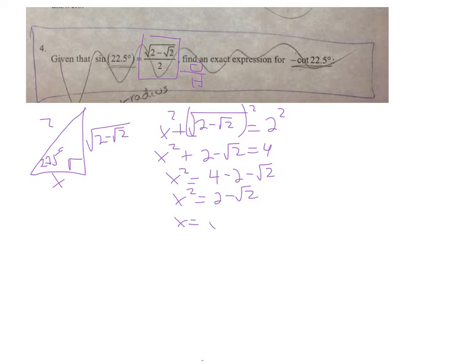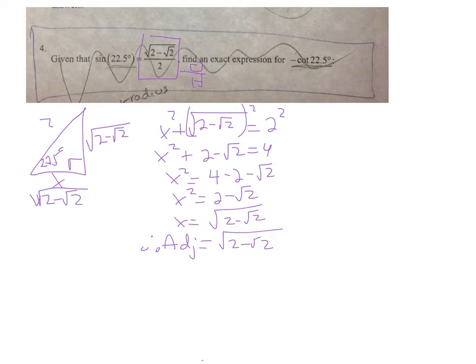Square root it, and so we get that. If we know x is really the adjacent side, then now we have a length for the adjacent side. The nice thing is now we have the entire triangle filled in, so they can ask us anything they want and we can answer all of the trig ratios for that triangle.